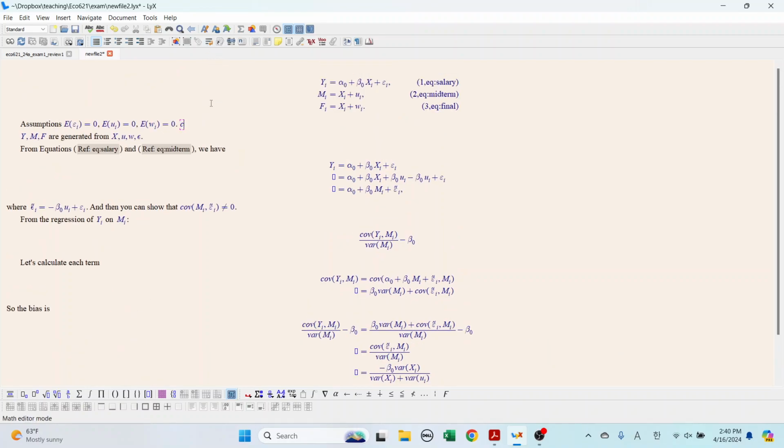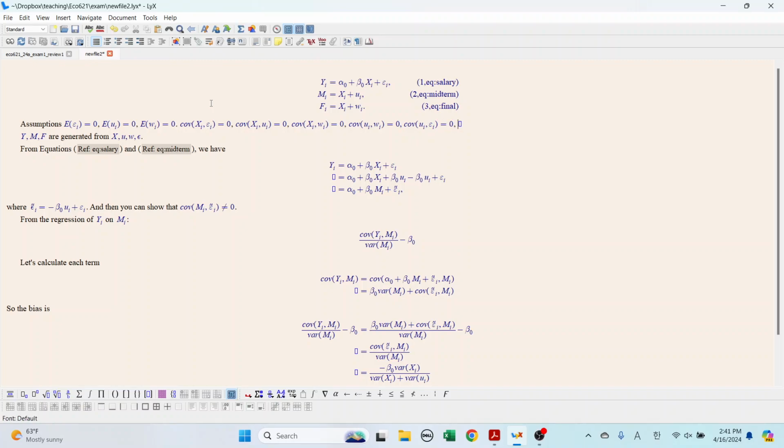So covariance of x_i and epsilon is 0, covariance of x_i and u_i is 0, covariance of x_i and w_i is 0, covariance of u_i and w_i is 0, and covariance of u_i and epsilon_i is 0.